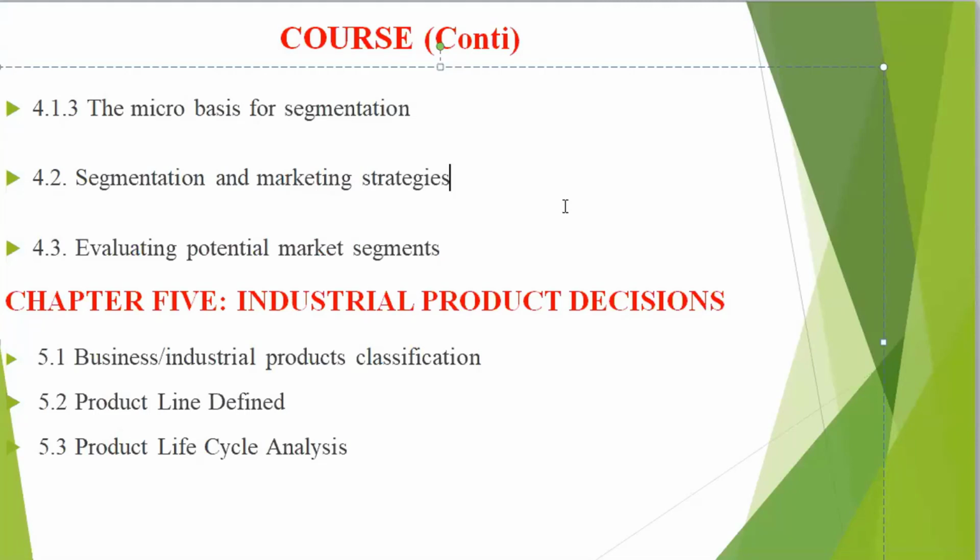The second P, price, indicates that a business organization can compete by setting a lower price for their product as compared with their competitors. So the second would be price.